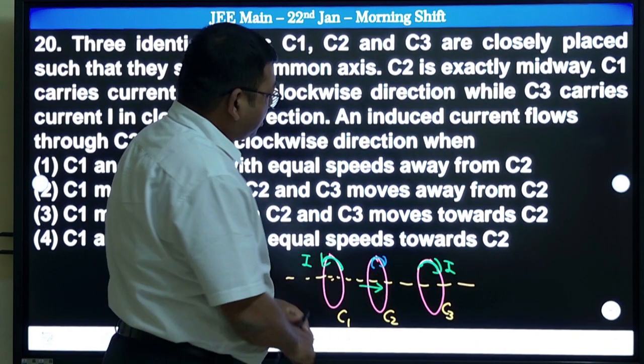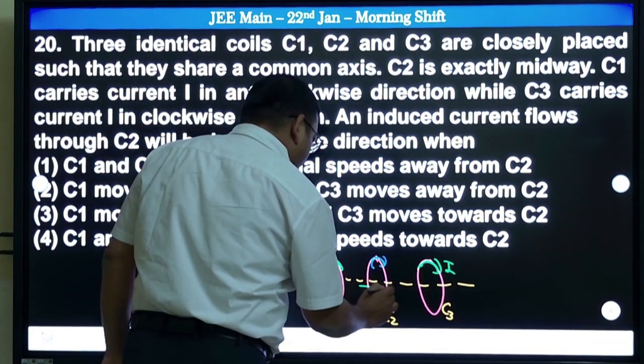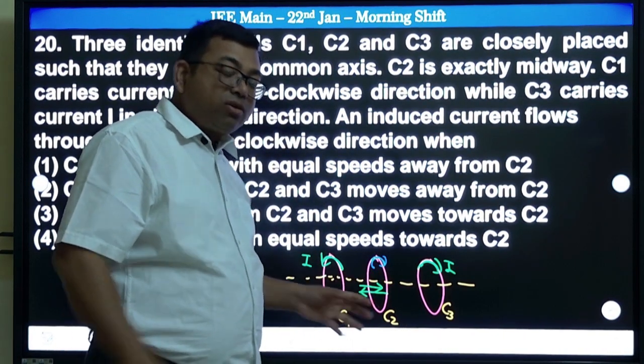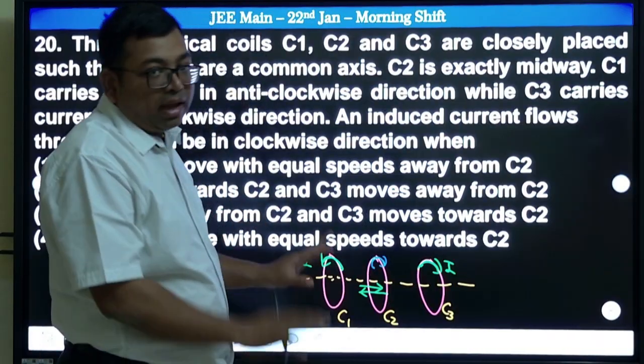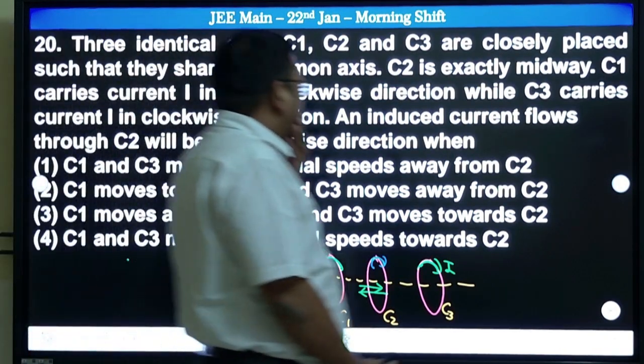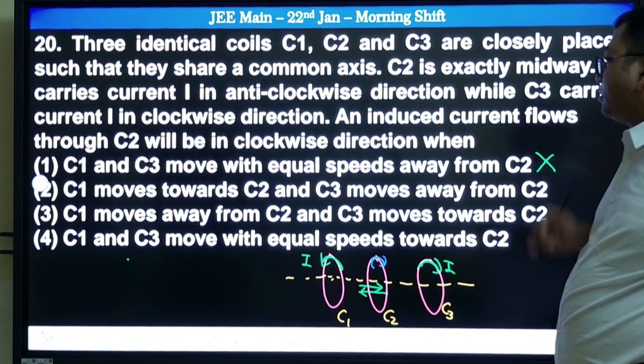And this one is clockwise, so the field due to this will be passing this way. So anyway, both the fields are going to cancel out because they are at equal distance, so nothing will happen. So if you move with equal speed, nothing will happen. You can leave that.